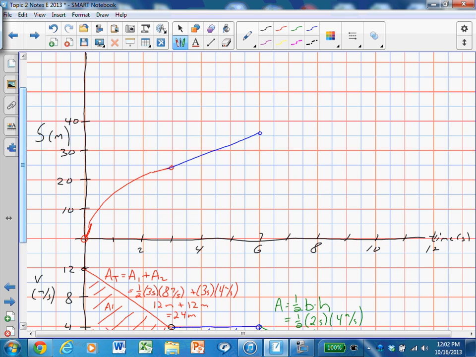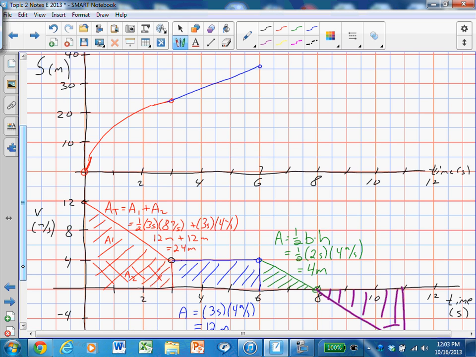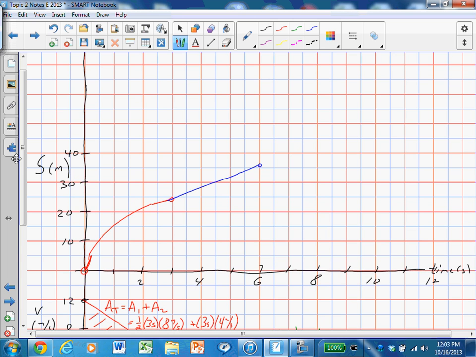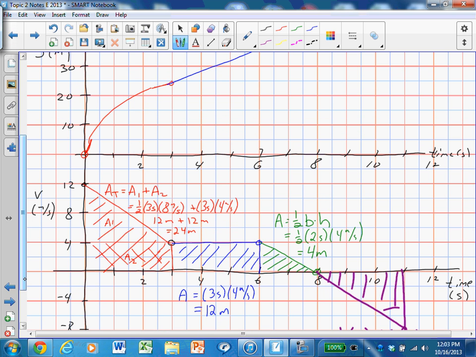And then we get another positive in the next 2 seconds, up 4 meters. We'll go up to 40. So let's see what our velocity does. Our velocity starts out at 4 and goes to what? What's our velocity right here? 0. So our slope must be 0.